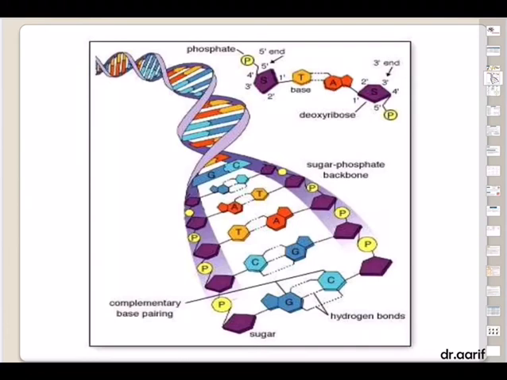And you can see here the internal structure. You can see the weak hydrogen bonds making the attachment of nitrogen bases, like G for guanine, C for cytosine. You can see a triple hydrogen bond between G and C, and between A and T or T and A, you can see a double hydrogen bond.